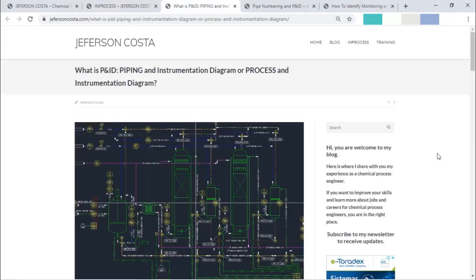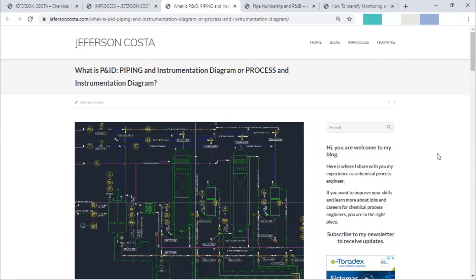To start talking about reading P&ID, I would like to share with you a screen of my blog, where some time ago I did a post discussing whether P&ID is piping and instrumentation diagram or process and instrumentation diagram.